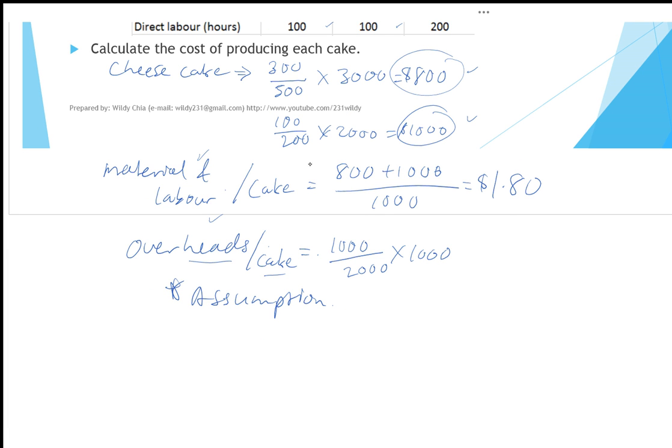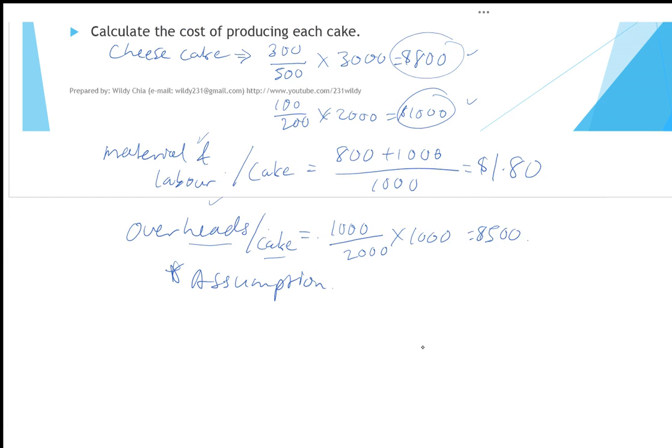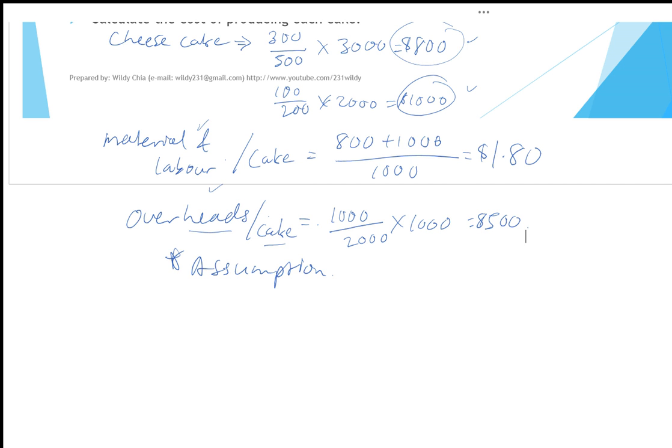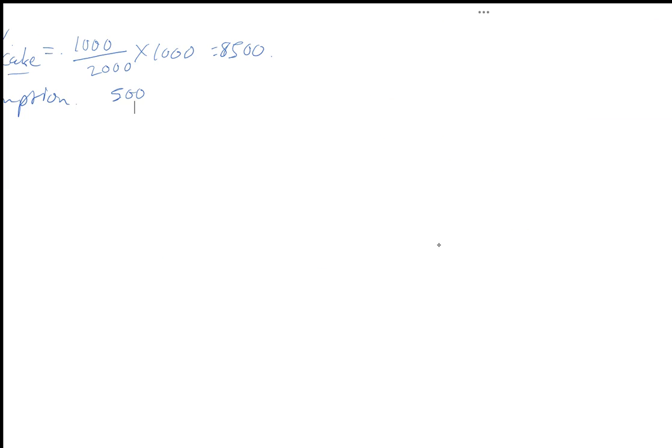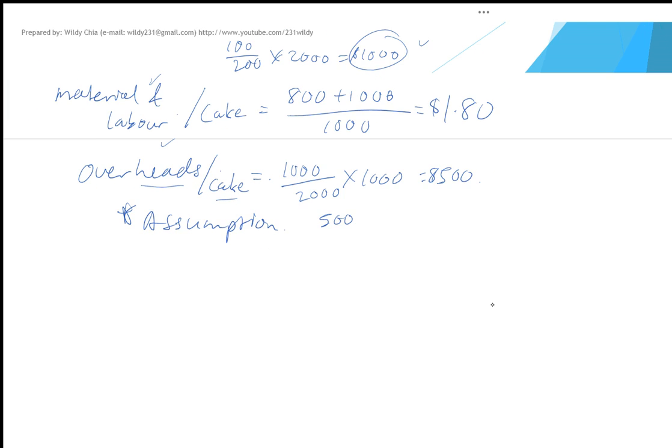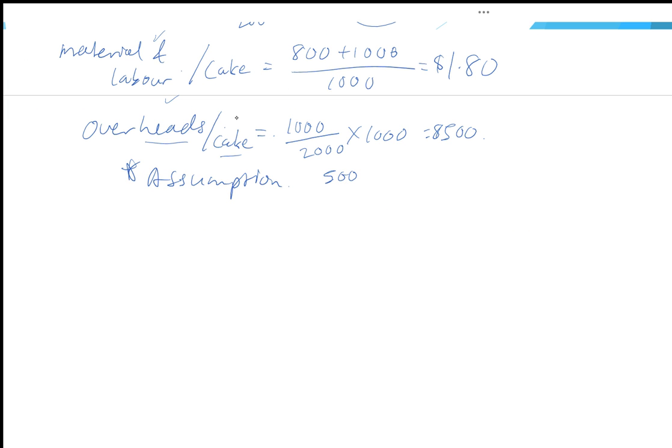So this then tells us that there were $500 of overheads for the cheesecakes. So to find out the overhead per cake, we take 500 divided by 1000. That tells us that it would be 50 cents per cheesecake.